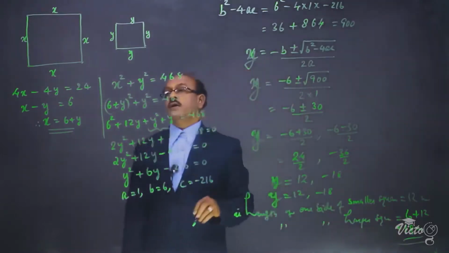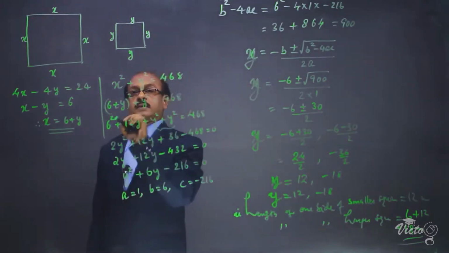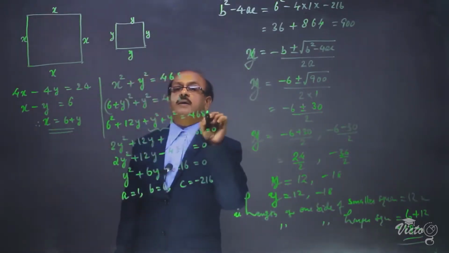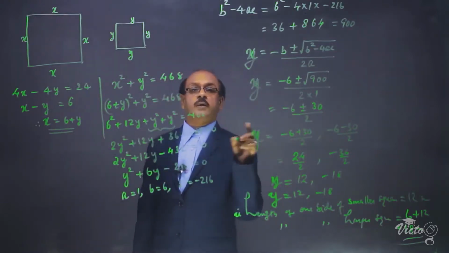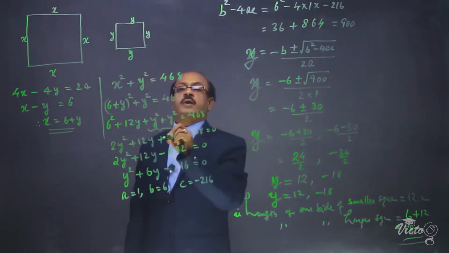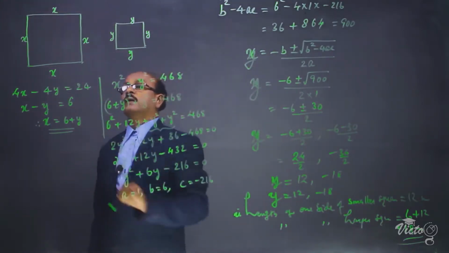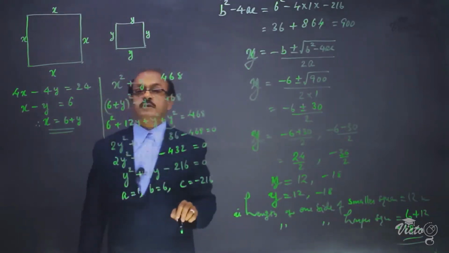This is the answer. So first of all, we assume the length of one side of the larger square to be x and the length of one side of the smaller square to be y. Then we are getting two variables, but it is not possible in a quadratic equation to have two variables. So we have to convert into one variable. It is given that the difference of the perimeters is 24. That means 4x minus 4y is equal to 24.